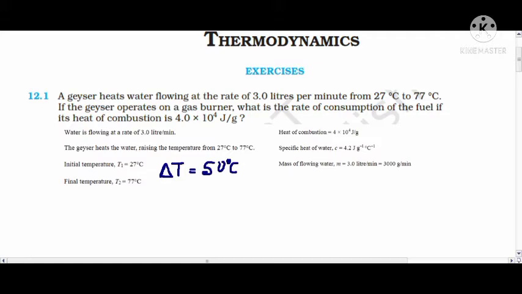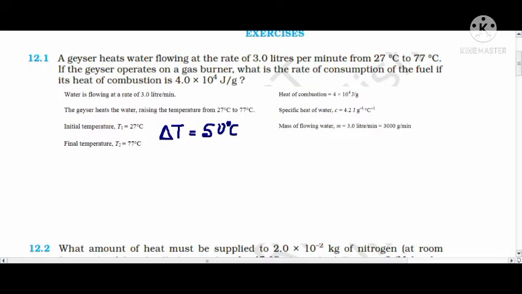Now, what is the amount of heat absorbed by the water? We can use the formula delta Q is equal to ms delta T. So you can substitute the values in SI unit. The mass of water is given as 3000 gram per minute.